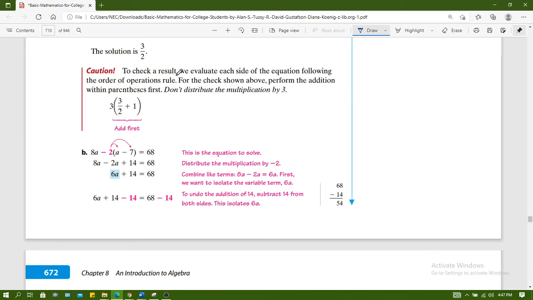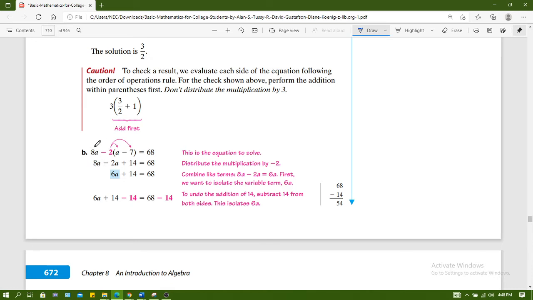That is PMDAS or PDMAS, it depends. Addition or subtraction, multiplication, and division can be interchanged depending on which comes first in the equation. You cannot always do the multiplication first. If division comes before multiplication, do it first. They have the same priority, multiplication and division, and the same priority for addition and subtraction.